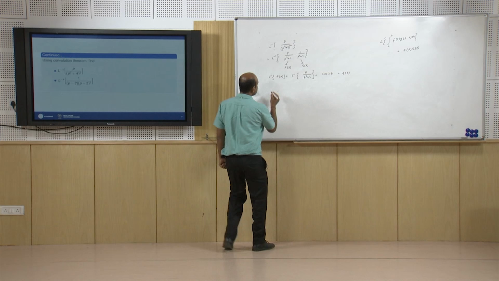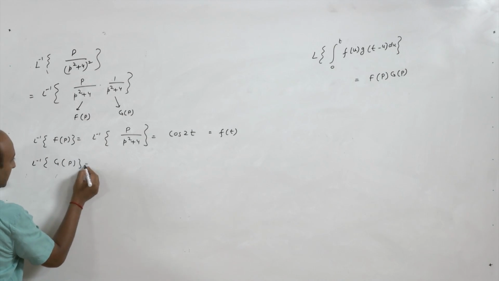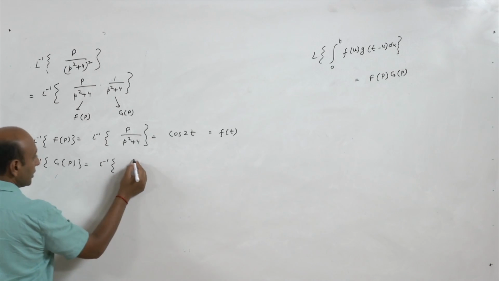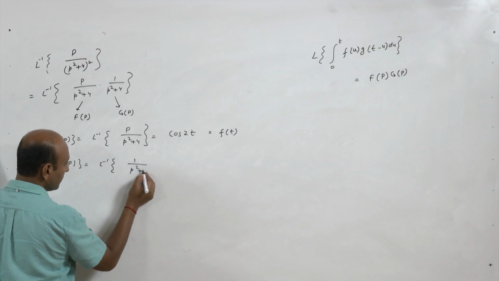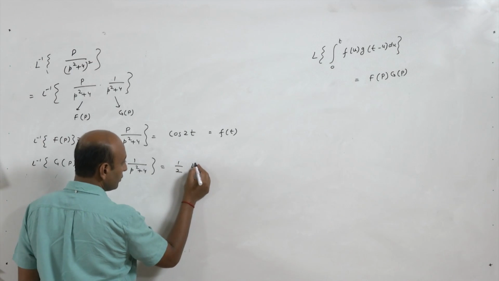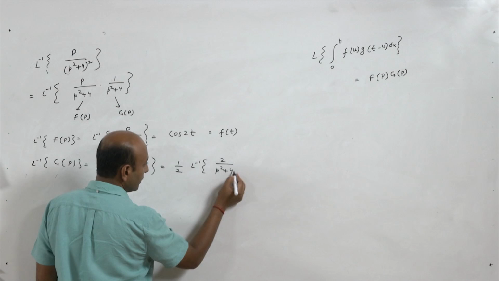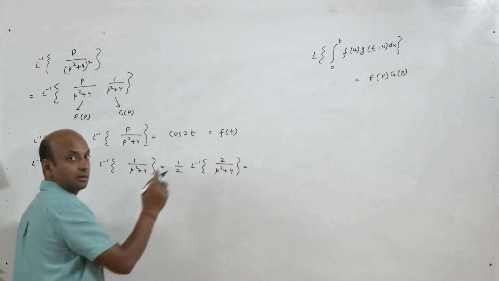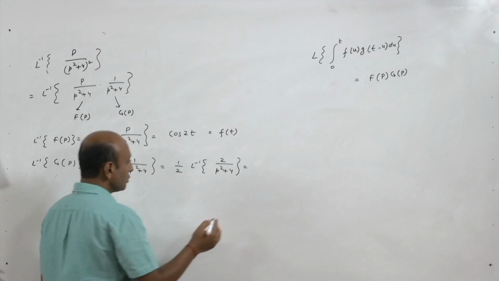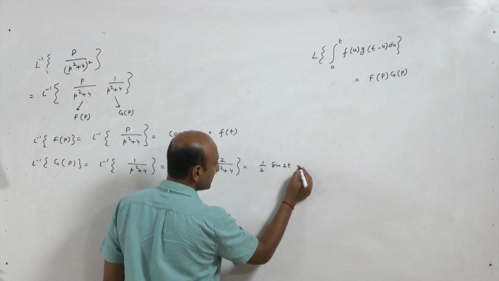Now, second is the Laplace inverse of G(p), and G(p) is nothing but 1 upon (p square plus 4). So, you multiply and divide by 2, and this is nothing but sin 2t. So, this is 1 by 2 sin 2t. Say it is g(t).